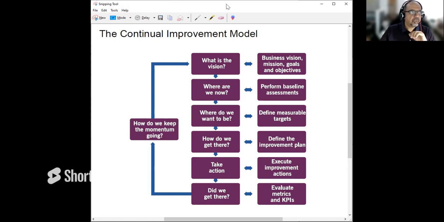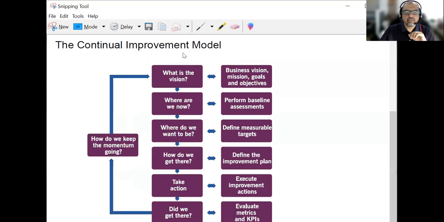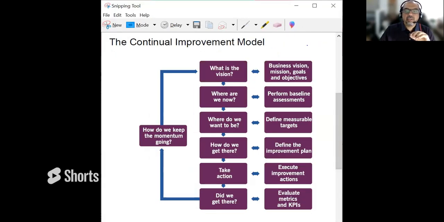And you notice, let me make it a little bit smaller here. So it can fit. You notice we start at the top with what is the vision for this initiative.